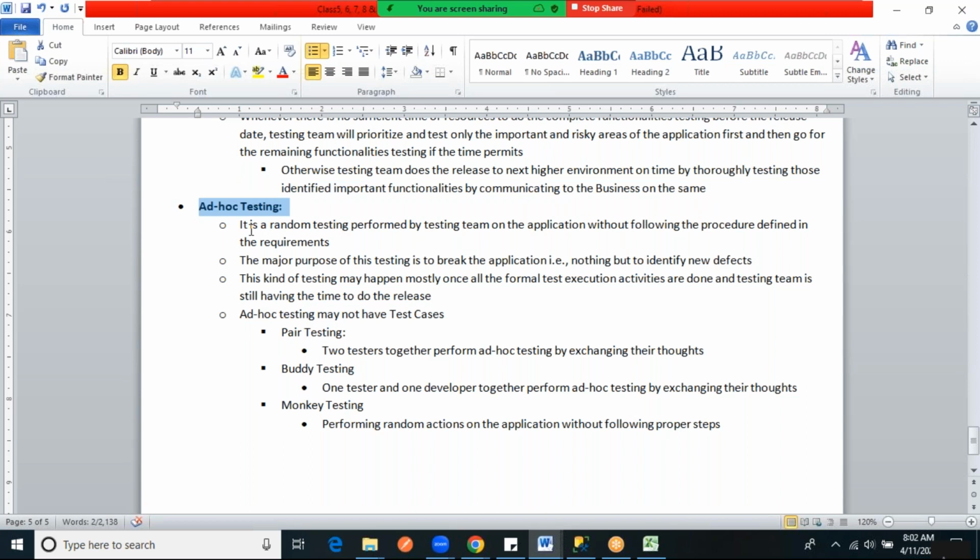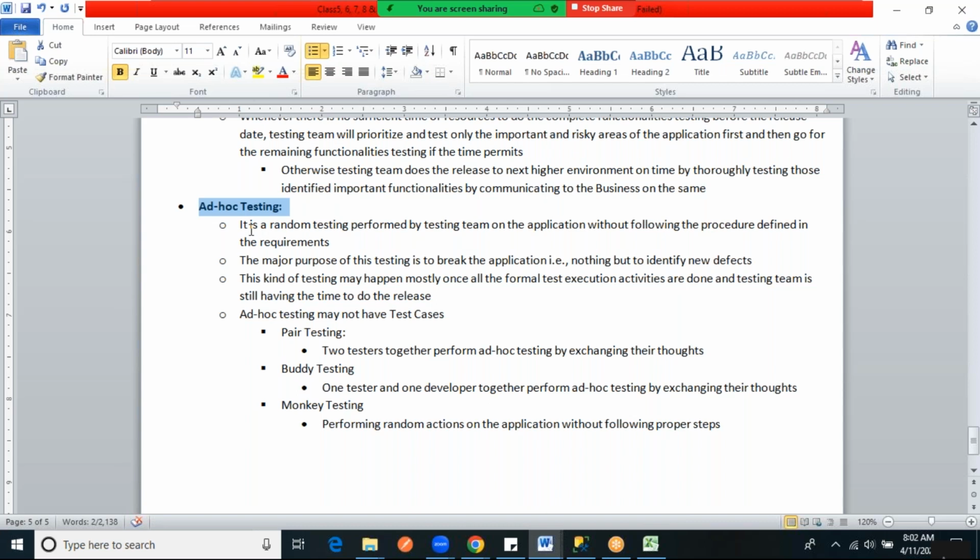See, in your project, when you raise defects later on, the first thing your test lead or development manager will expect is: where is the test case for this defect? Whenever you raise a defect, do you have a test case for it? Why did we miss it? Why did the development team miss it?